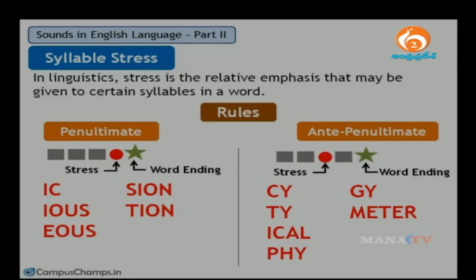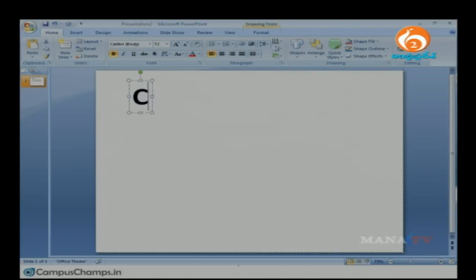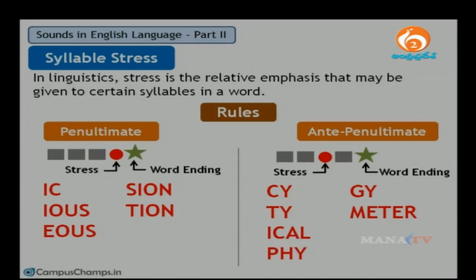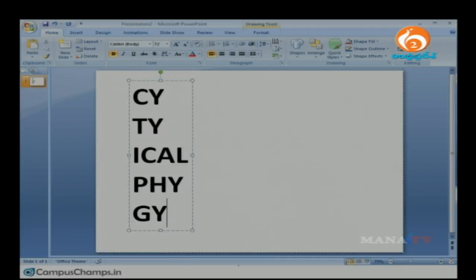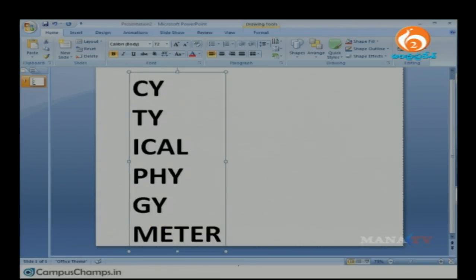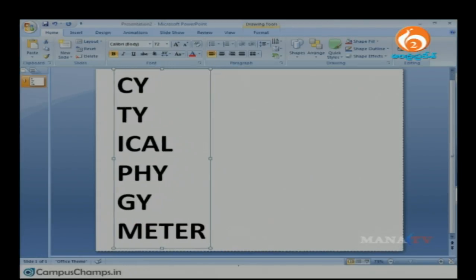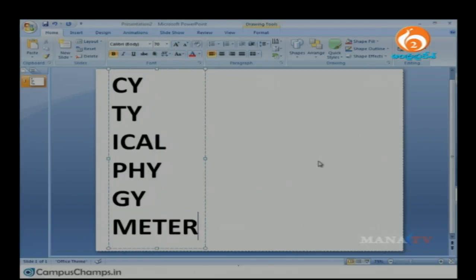CY, TY, ICAL, PHY, GY, METER. Alright. Now let's take examples from each one of these. Now I am going to give you an example of a word that ends with each of these endings.